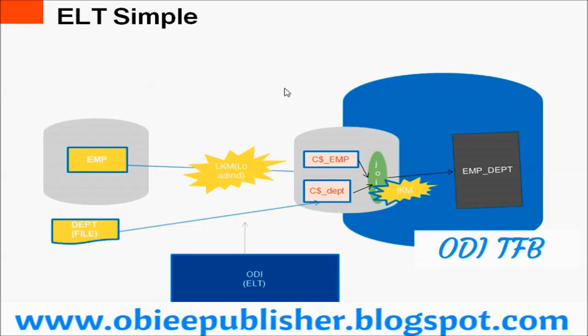In the same scenario, if you are using ODI, the ELT approach, this is your employee table and this is a department file, and I need to join both and load into a particular target table. What has to be done? You develop a program. You will not see much difference; I want to read these two inputs, join and then load.